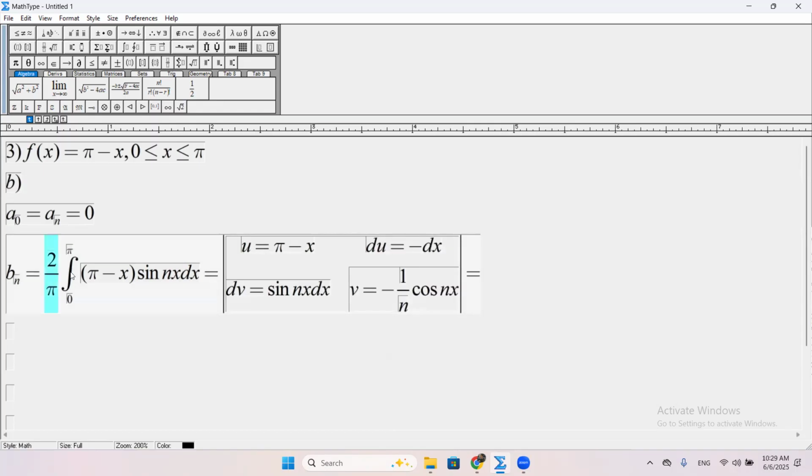So now integrating it. uv first of all, with the substitutions from 0 to p.